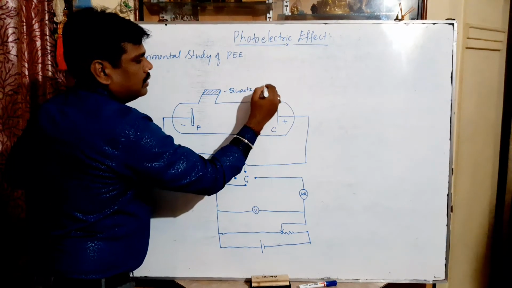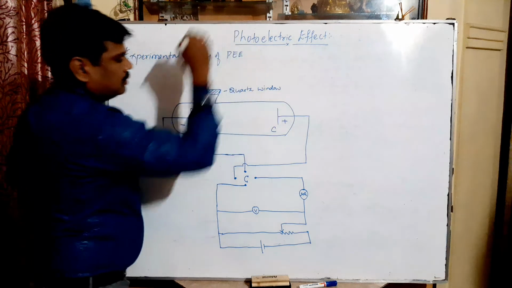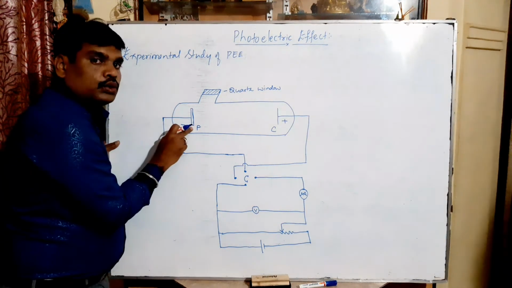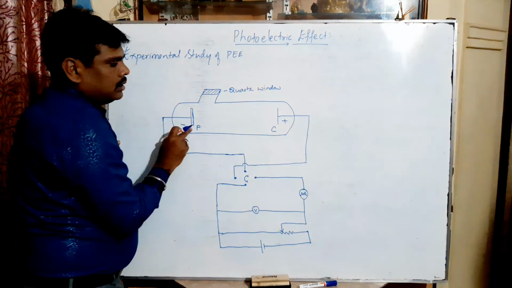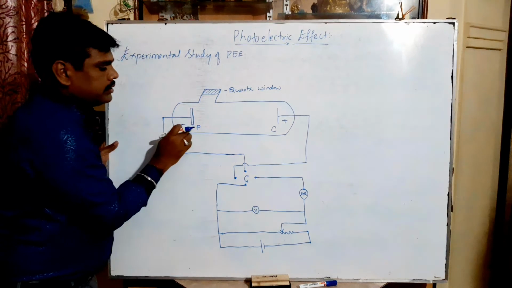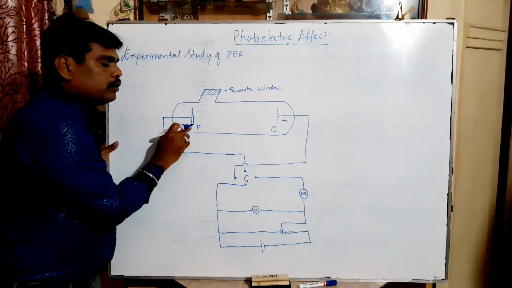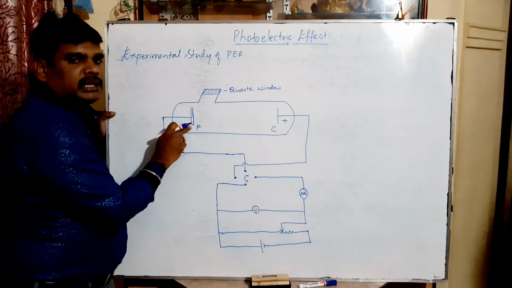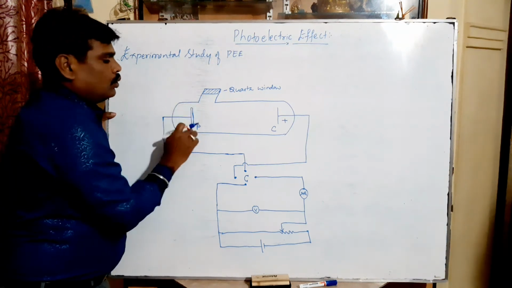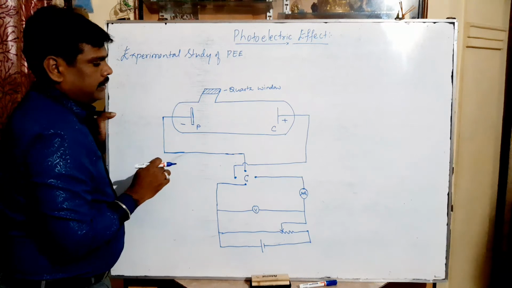And this is the photosensitive plate, and this one is the collector plate. These two are metal plates. On the photosensitive plate, photosensitive materials like zinc, cadmium, copper are coated on the surface of the plate.